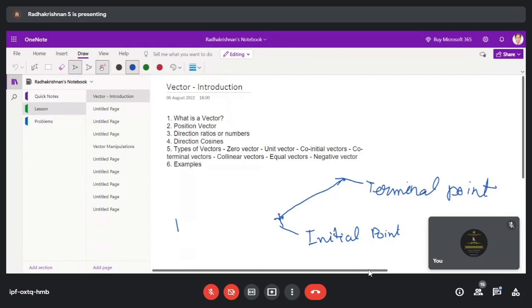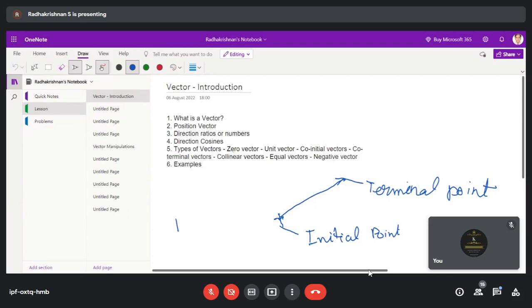If the position vector is given by a i cap plus b j cap plus c k cap, direction ratios are simply a is to b is to c. So a, b, and c are called the direction ratios or direction numbers, the ratio of the numbers in the three different coordinates. Then we derived the direction cosines, so that the sum of squares becomes equal to 1, or they represent the cos theta.